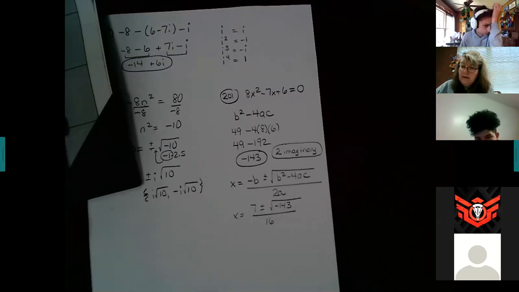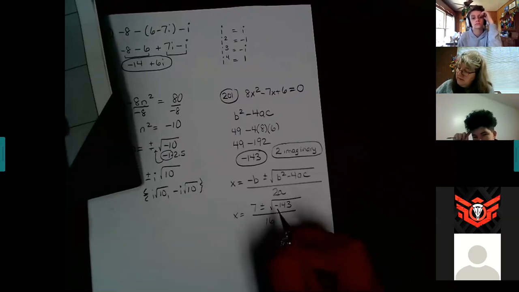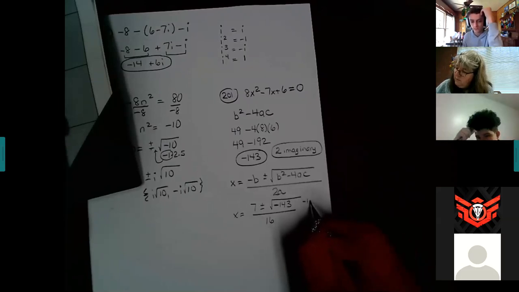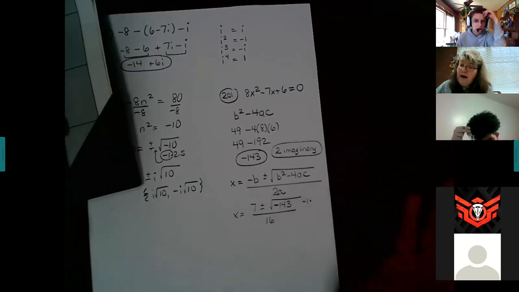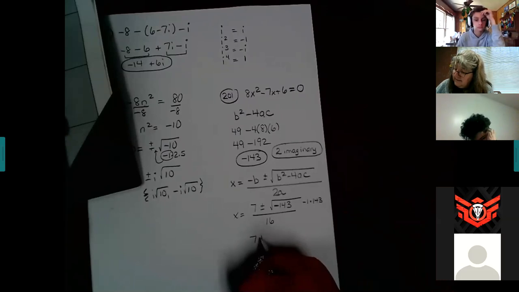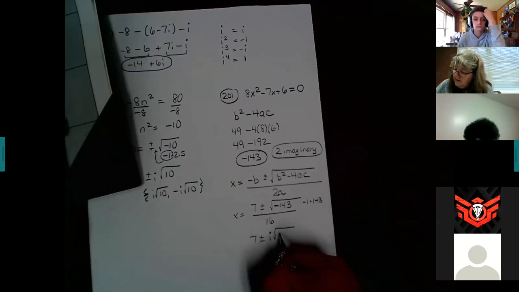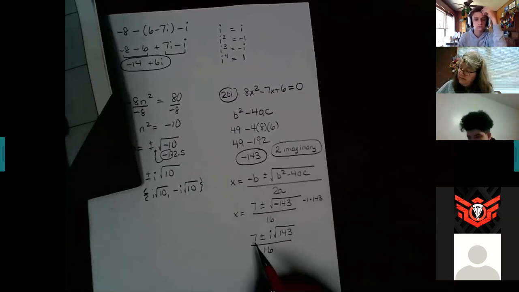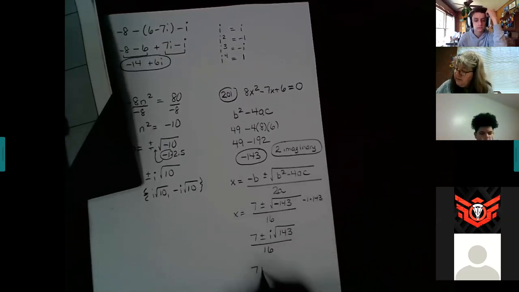Nothing. There is something: the -143. It's -1 times 143, and 143 is prime, so I can't pull anything out except an i. So 7 plus or minus i, and you can't reduce anything because the i is a 1. Yep, can't reduce. So here's my two answers.